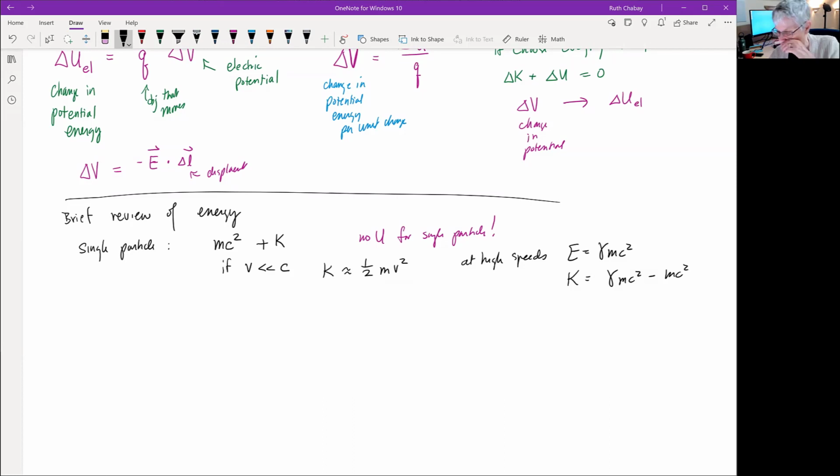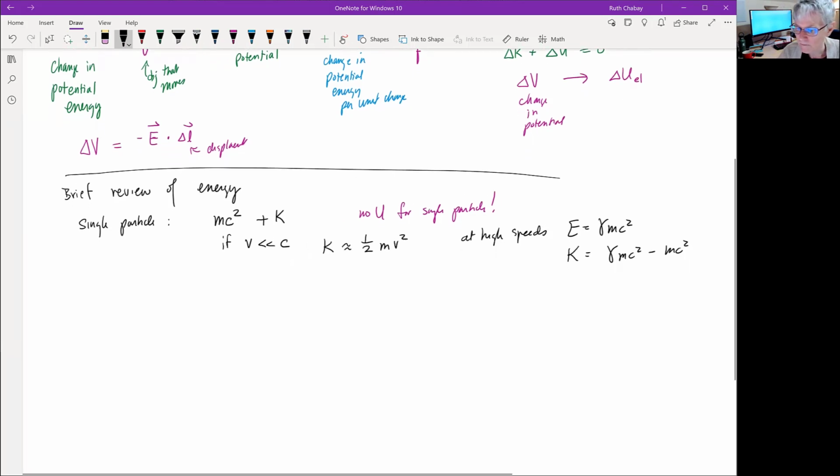And mostly for now, we're going to be talking about things going at low speeds, so the kinetic energy of a half mv squared is going to be good enough for us. And remember, of course, that delta means change in. So we're talking about E final minus E initial here.